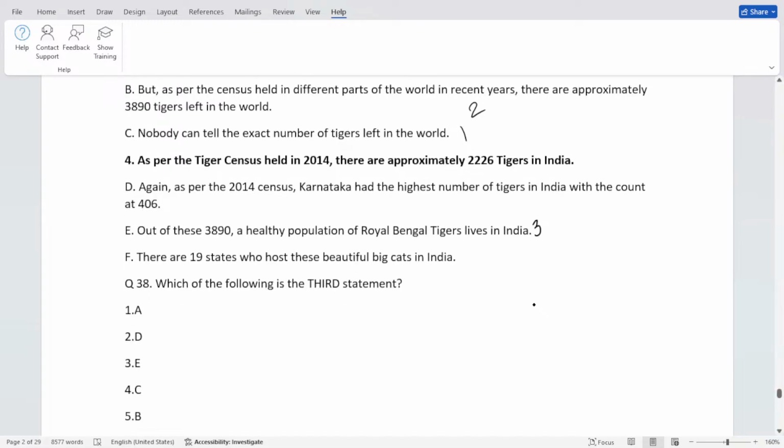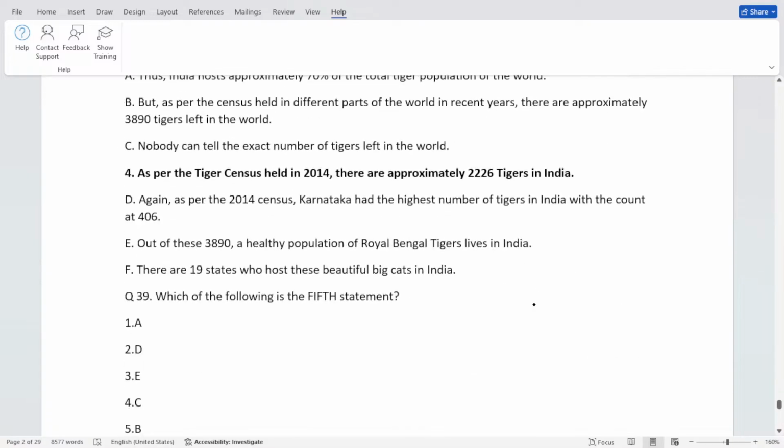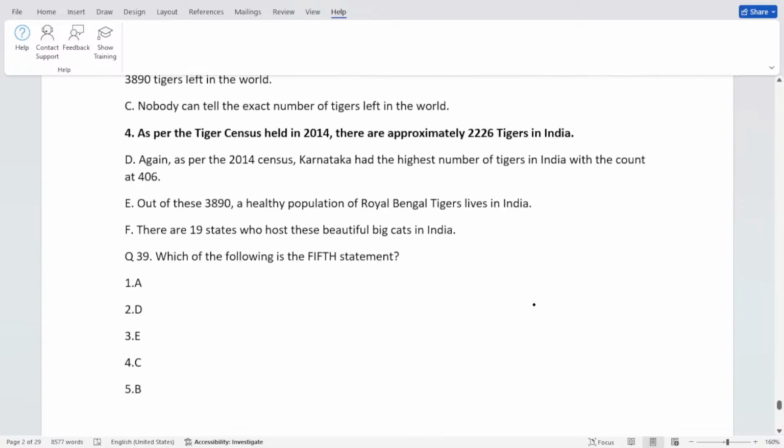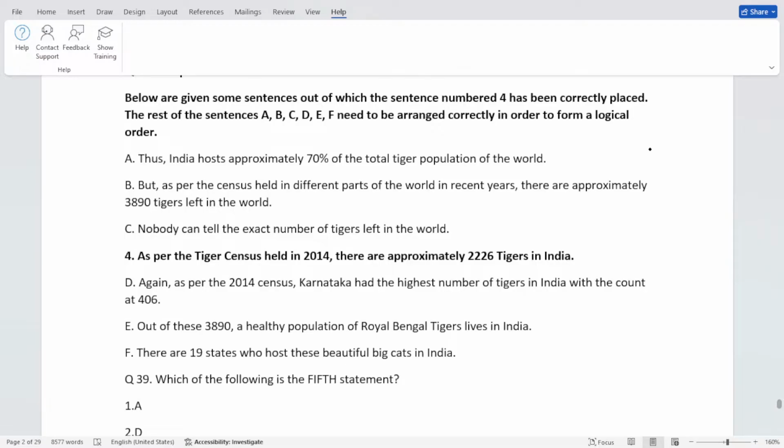So now they are asking the fifth statement. Which of the following is the fifth statement they are asking? The fifth statement is "thus". Already found something, so that's why it will be the fifth statement. Next, the seventh statement they are asking. So the seventh statement will be D.